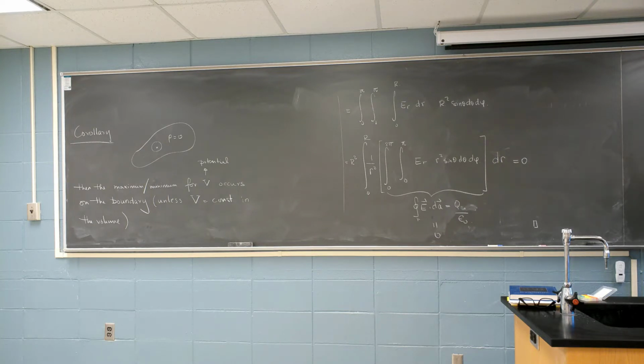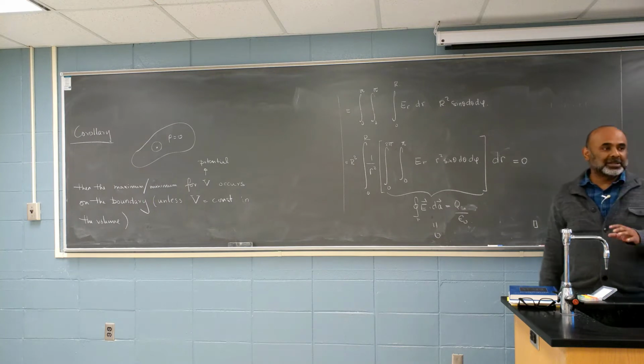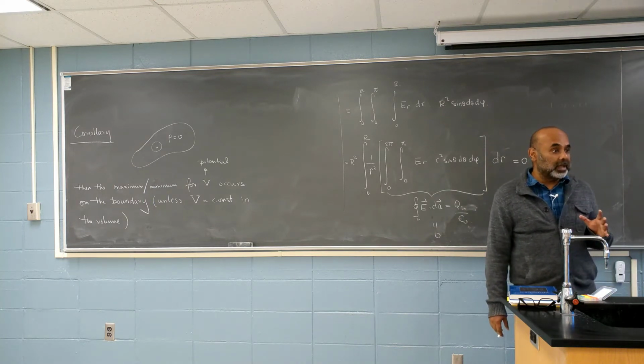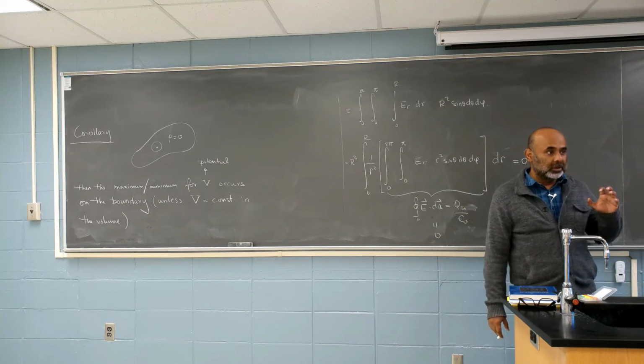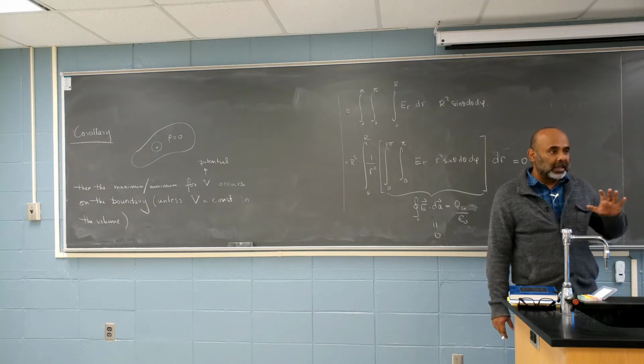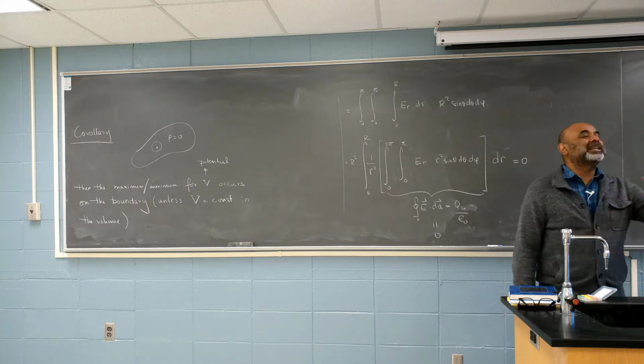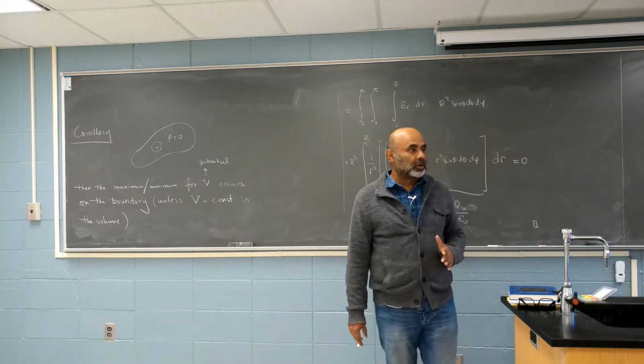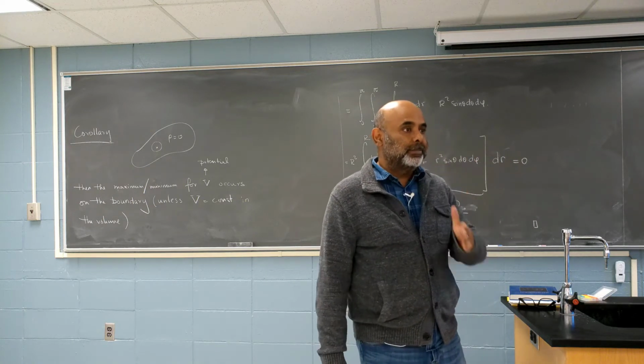So look at how we're going to construct a uniqueness theorem. The uniqueness theorem, again, I won't get to that today because I want to do a brute force calculation. The uniqueness theorem is going to say, under certain conditions, if you solve the potential by guessing it, and it satisfies those conditions, you have found the potential.